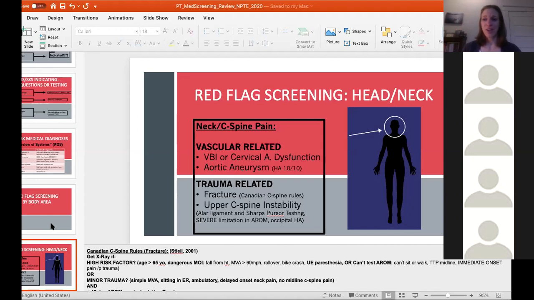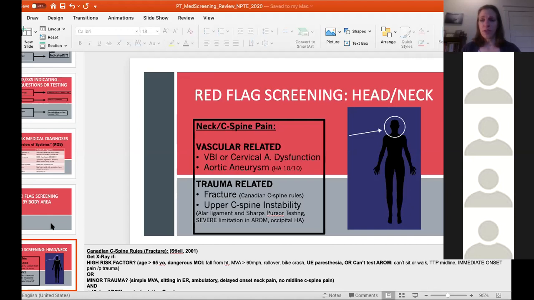I don't have a good way to describe the mechanics of that, other than to say it's all based on the Doppler studies for blood flow to the opposite vertebral artery, and they see compromised blood flow. So that's your VBI test. If you're going into extension and right rotation, you're testing the left vertebral artery. So just keep that in mind for your objective test.